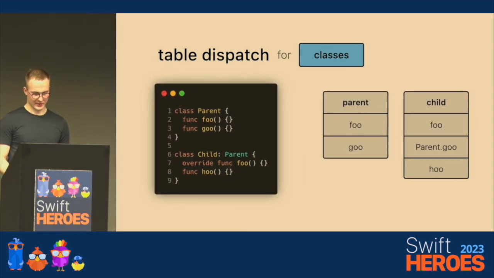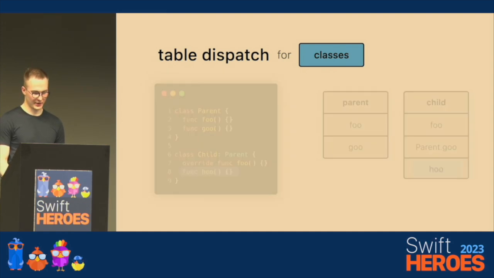So, the tables will look as follows for them. As you can see, the foo function has a separate pointer in both cases. The go function in the Parent points to the Parent, but in the Child, it points to the function which is declared in the Parent's body, and who is only available from the Child virtual table.